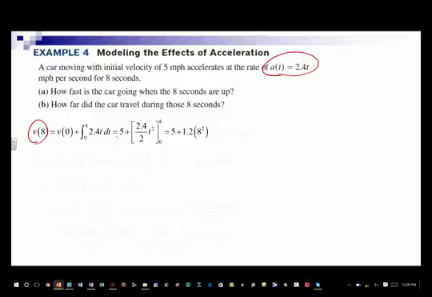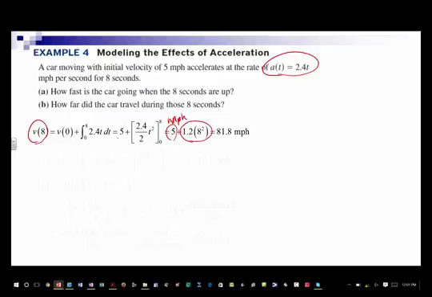The antiderivative of 2.4 t is 2.4 over 2 times t squared. Plugging in our beginning and ending values, and knowing that it's zeroing out at the bottom end, we get 81.8 miles per hour. Maybe more particularly, what we got was the initial velocity, which was in miles per hour.